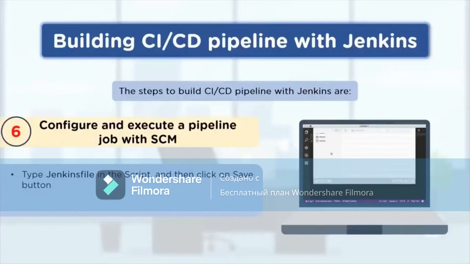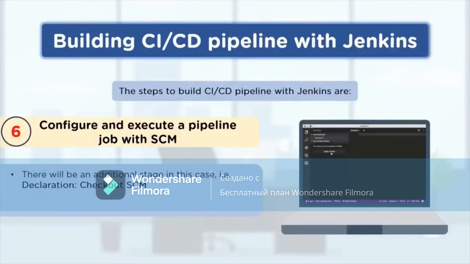So we can have a declaration like checkout SCM, which will check out a specific source. After that, you go to the log, and you will be able to check every stage which is being built up.